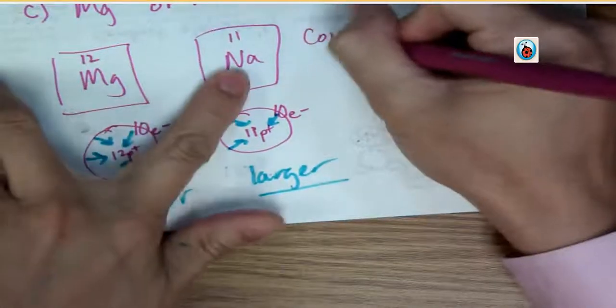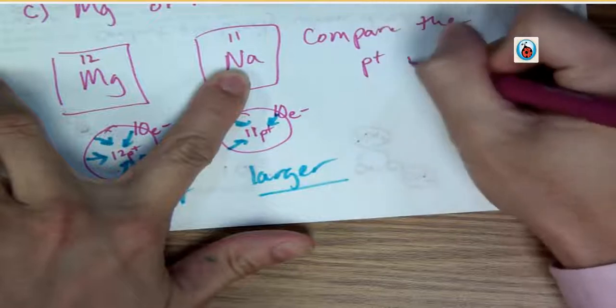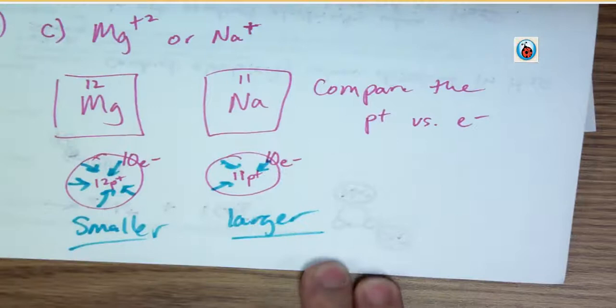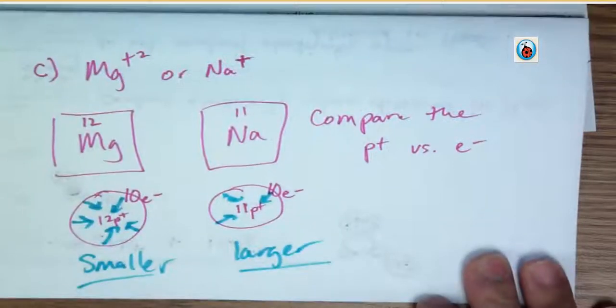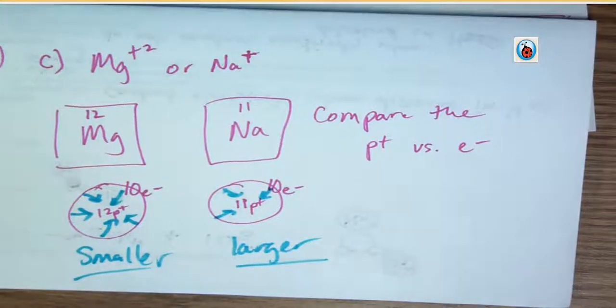Okay, so the direction here is compare the protons versus the electrons for both atoms. And whichever one has more protons pulling will have the smaller atom. With fewer protons pulling, the electrons are a little further apart.